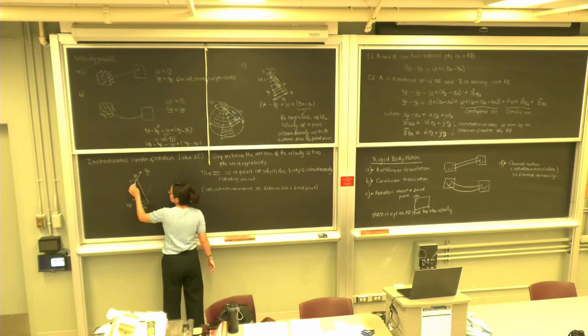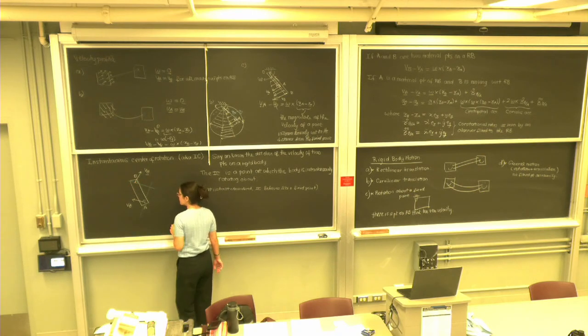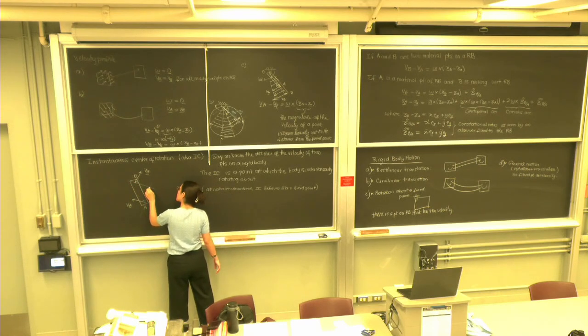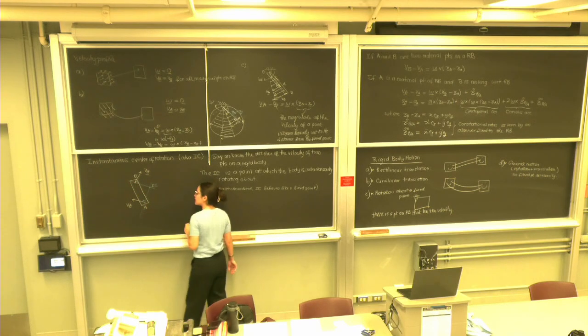If this body is rotating about a fixed point, then the fixed point lies on the perpendicular to VB passing by point B. So this here is our IC.